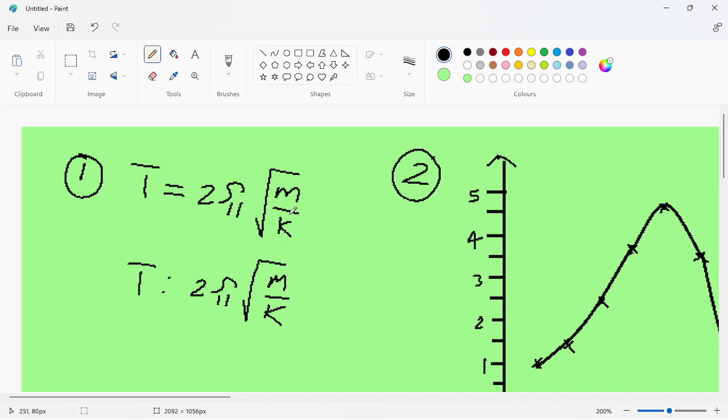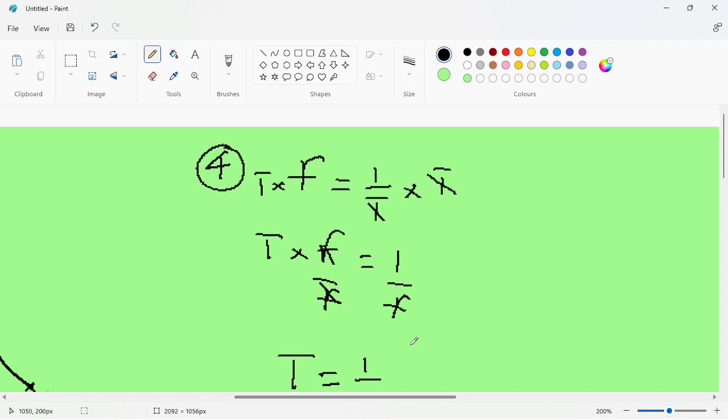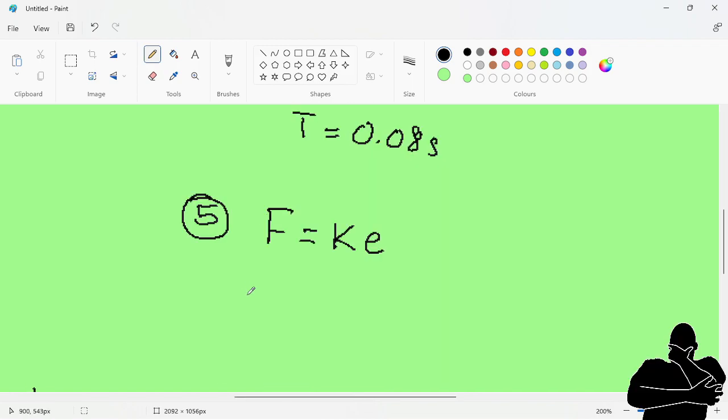You see, when you're deriving this equation here, you come to a realization. You come to the realization that omega squared is actually equal to k over m.